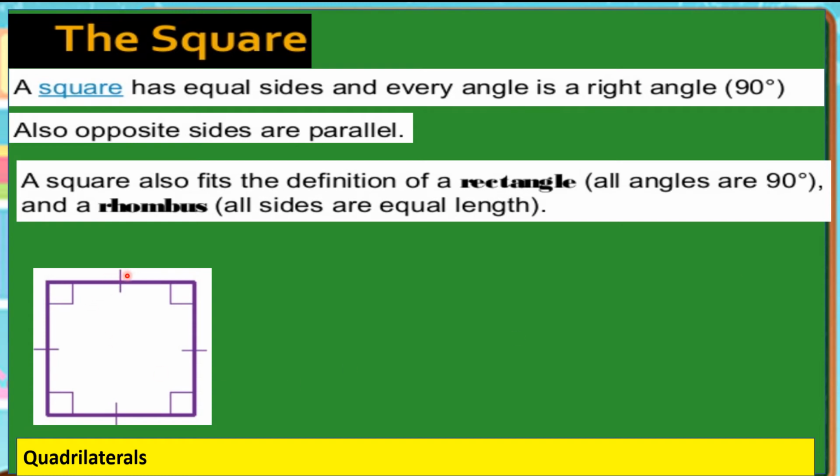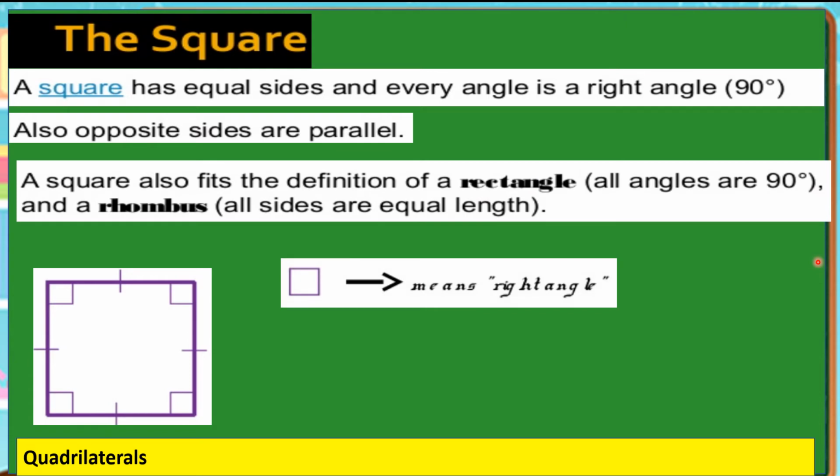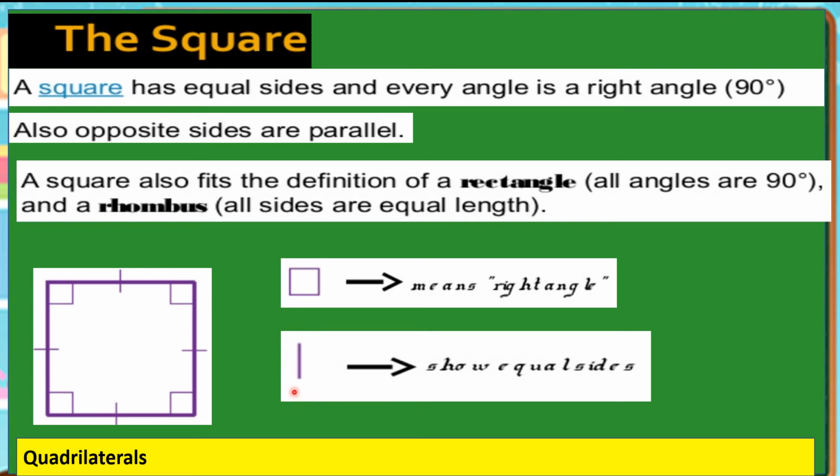As you can see, all sides are congruent, the same as the rhombus, and all angles are 90 degrees, the same as the definition for the rectangle. This symbol means right angle, and this line shows that the sides are congruent.